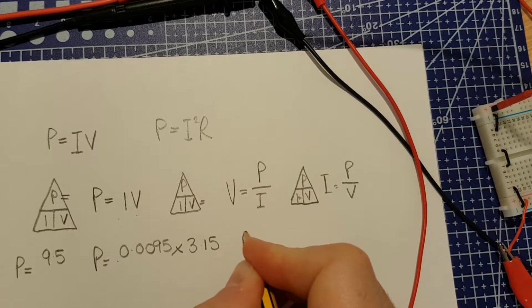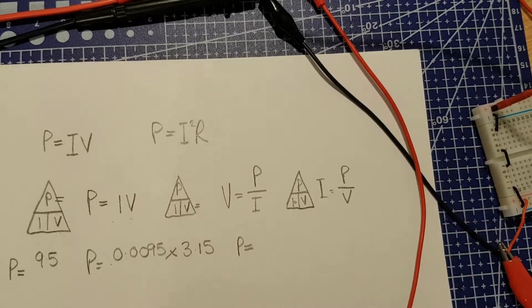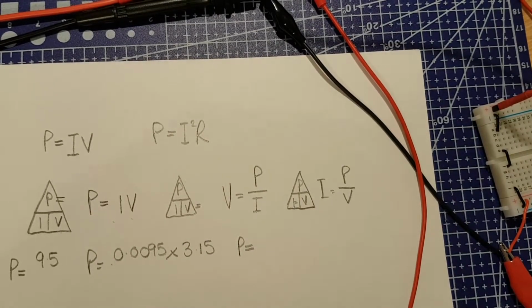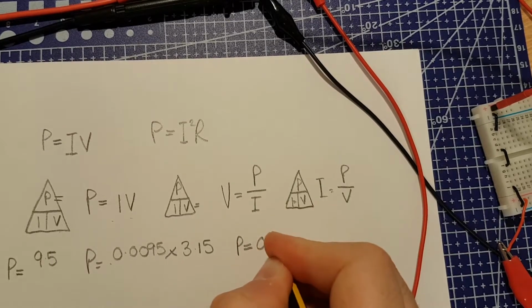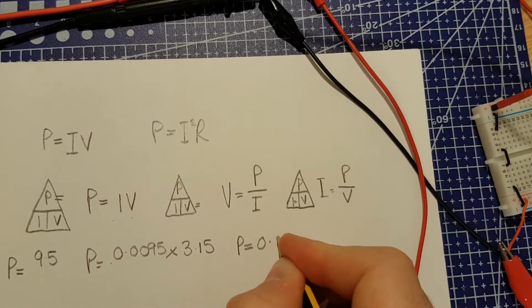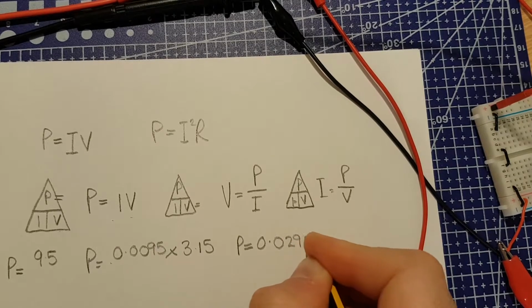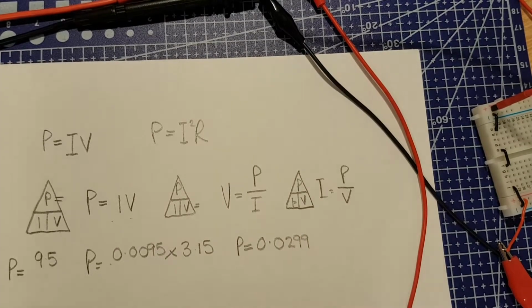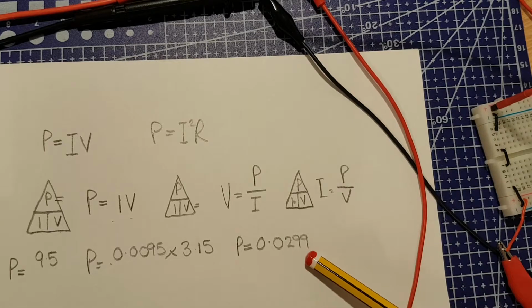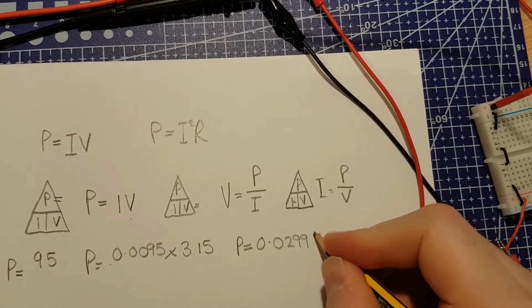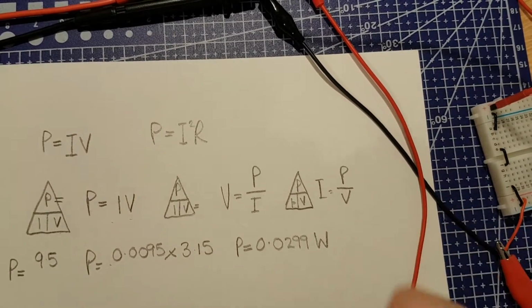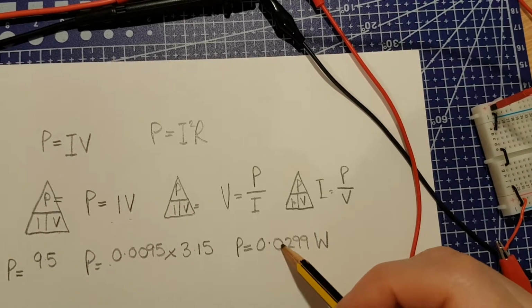And we get a power which is equal to 0.0299. So when we convert this into milliwatts, move the decimal place.